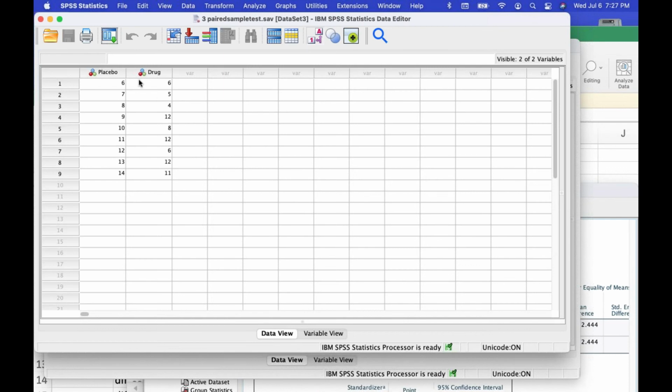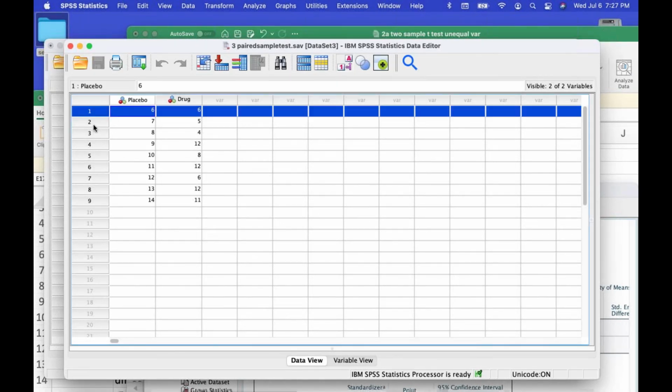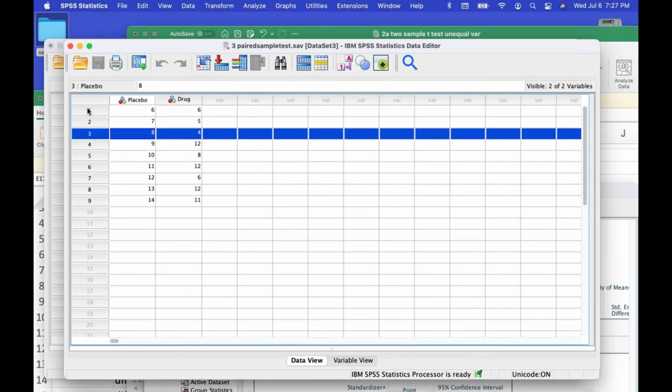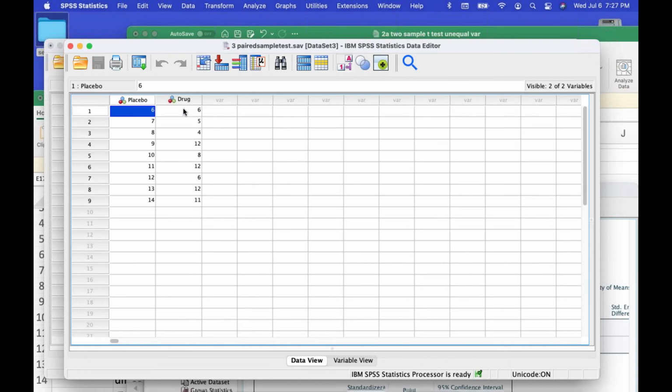Now notice this time we're not listing it separately. We're not listing one variable here and another variable here. Each row here represents a subject. So subject number 1 has 2 values, the value for when they took the placebo and the value for when they took the drug. Unlike before, when we only had a single column and we identified the group it came from.